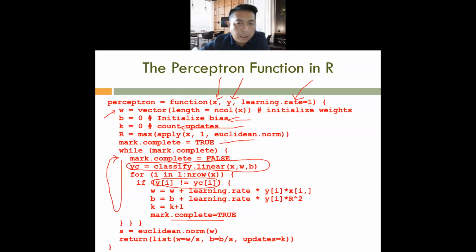First you set this one true, meaning I will do this whole thing. I set this one false. In case I found that some of the actual and predicted labels are not the same, I will have to adjust the weightage here. This will return a list of the weightage and the bias, and also how many times you updated the weightage.